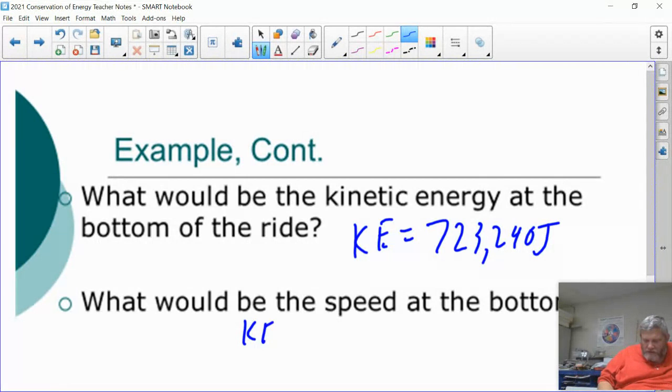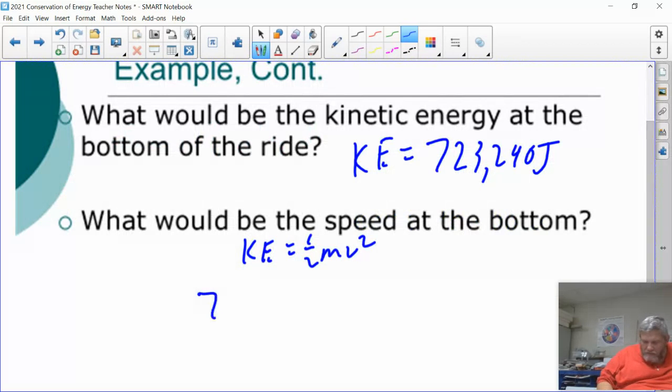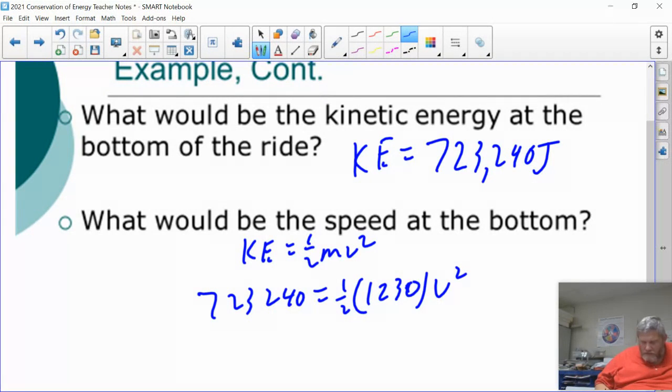And what would be the speed? We know kinetic energy equals 1/2 mv squared. So 723,240 equals 1/2 the mass, which is 1230, times velocity squared. So that becomes 723,240 equals 615 v squared.